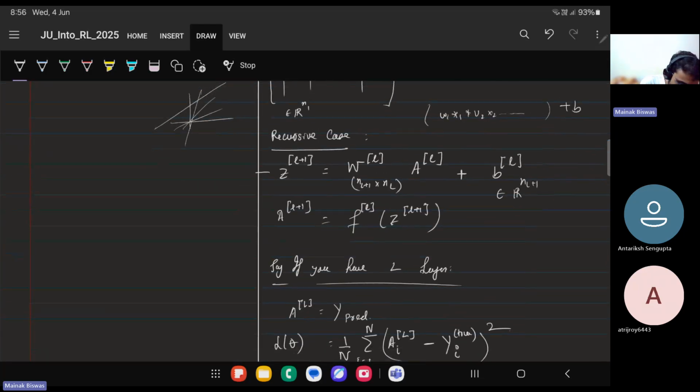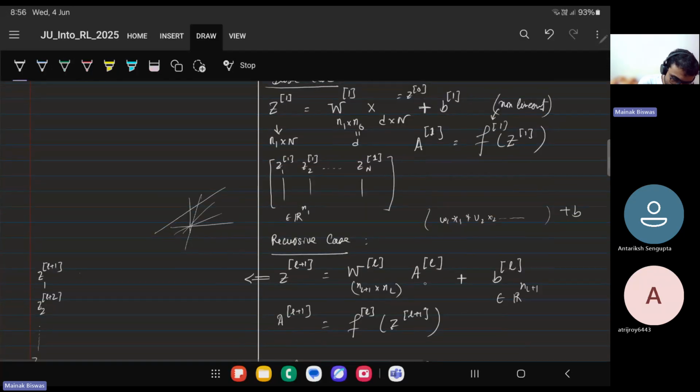The point is looking at this equation. If you expand this equation, you will get Z(L+1). Can you explain the dimension of Z, how we are getting that? The AL's dimension is N_L cross N, yes or no?